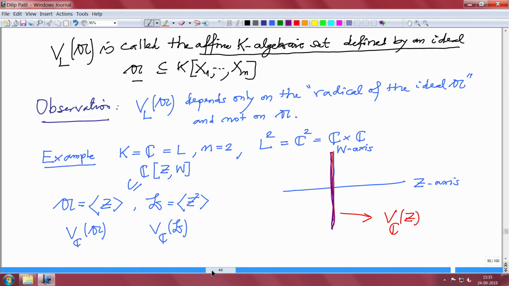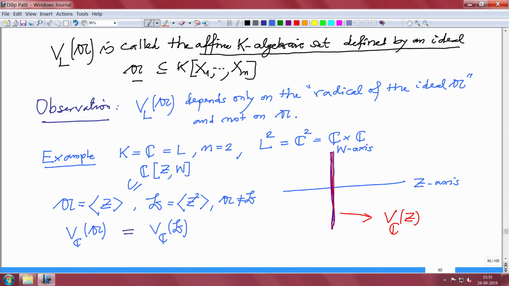But as a set they are equal. So, as a set there is no difference. But this equality means as a set; the ideals are not equal, A is not B. So, you see, when we go from algebra to geometry, this information is lost, that the points are twice.